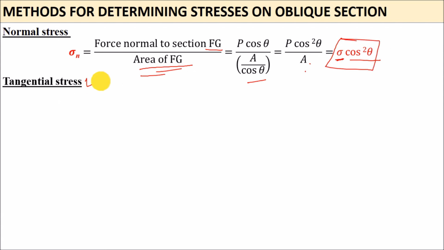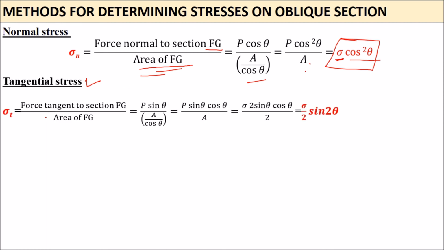Second, tangential stress we need to find out. Similar to that, tangential stress sigma t equal to force tangent to the section Fg divided by area of Fg, and force tangent to the section Fg is P sin theta. Area of Fg is A divided by cos theta.